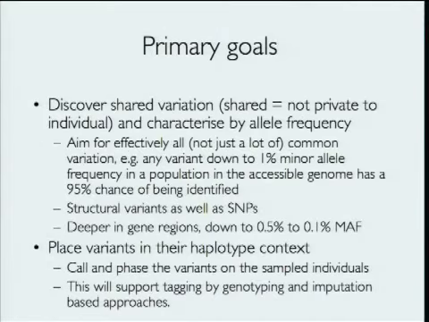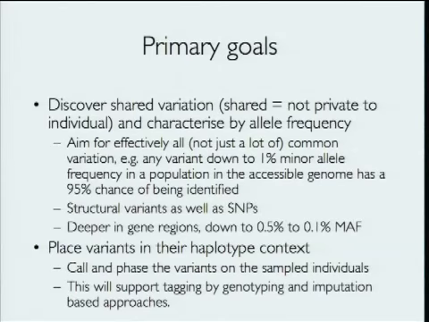So the primary goals are to discover shared variation and characterize it by allele frequency. We want to essentially find all variation down to 1%. That's the target. Or say 95% power down to that level.